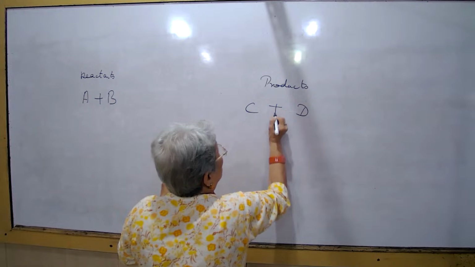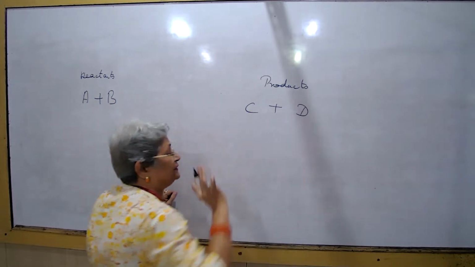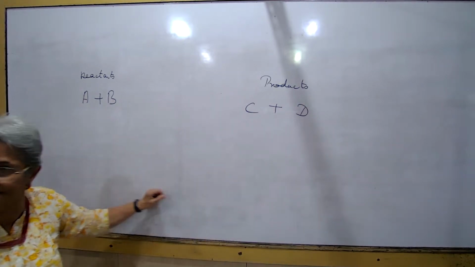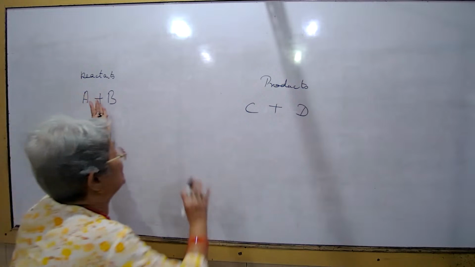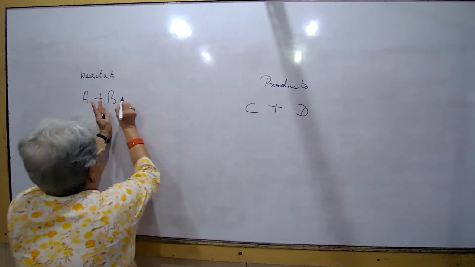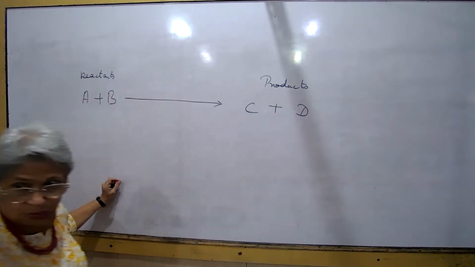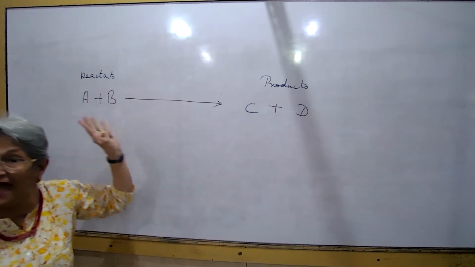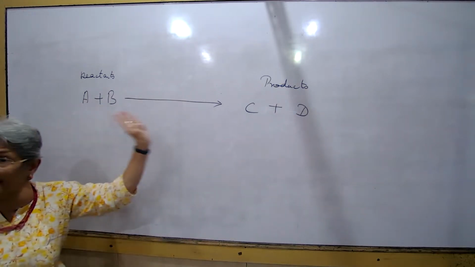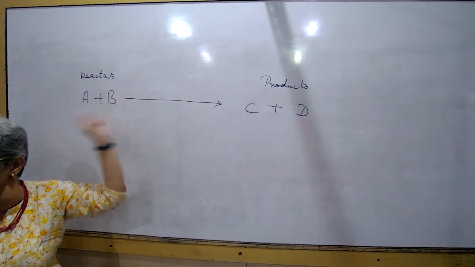If there are two or more products, they are separated by a plus sign, correct? The reactants and the products are separated from each other by an arrow. The head of the arrow will tell you in which direction the reaction is proceeding.